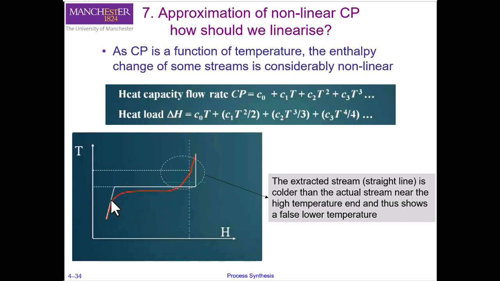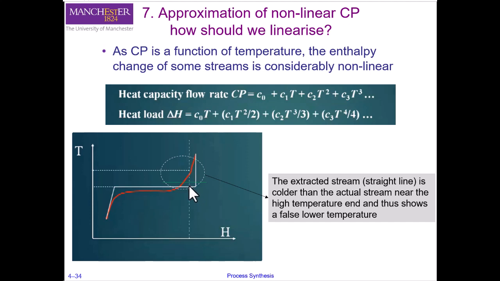Okay. Now, if you focus on this circle area here, you can see that if you have a hot stream here, that is the red, and let's say green is your cold stream, the actual hot stream can very well exchange heat with this cold stream here, while the approximated stream cannot, because the approximated stream is already below the green cold stream.